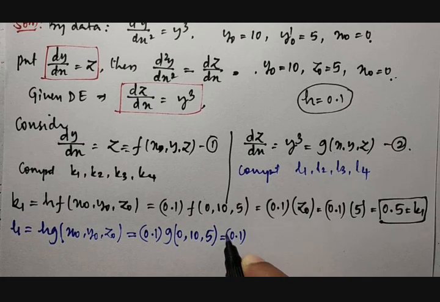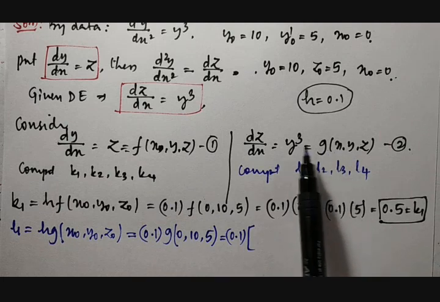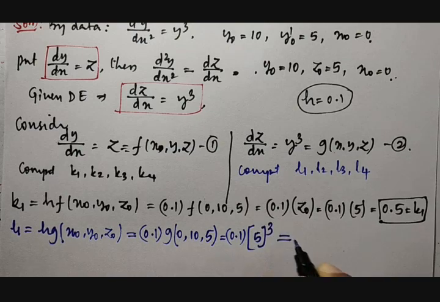So it is 0.1 into the g function. What is the g function? The g function is nothing but y cube. So what is y here? 5, 5 cube. Therefore, calculate what is 5 cube. 5 square is 25, 25 into 5, that is 125.